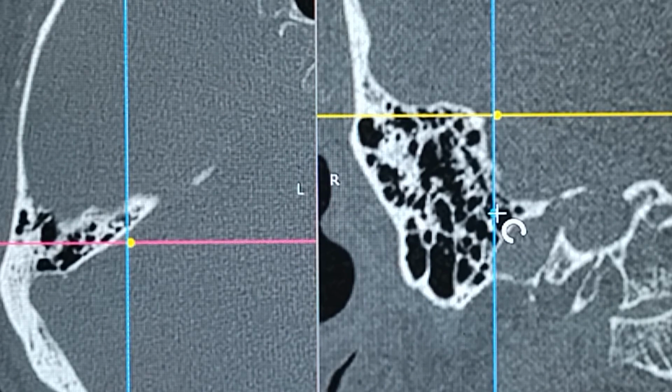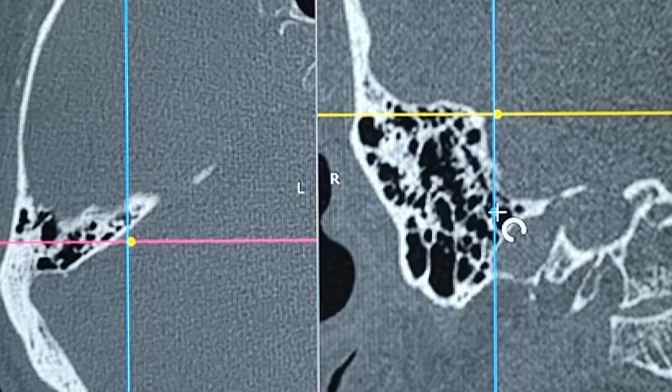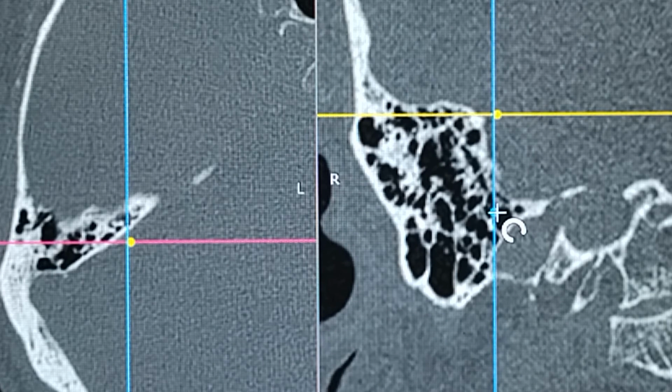Now, when can you say that it is a low-lying dura? There's one more thing which you have to remember. If you go from posterior to anterior, the tegmen plate comes medially and anteriorly. Always remember that.